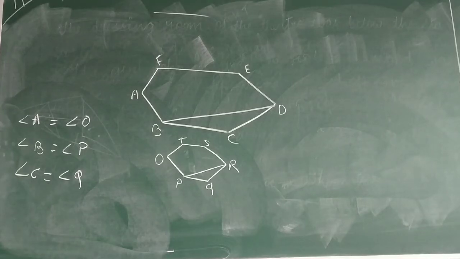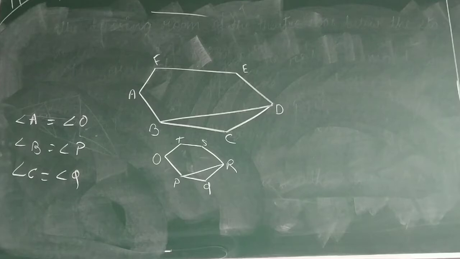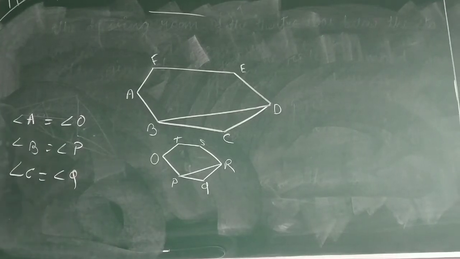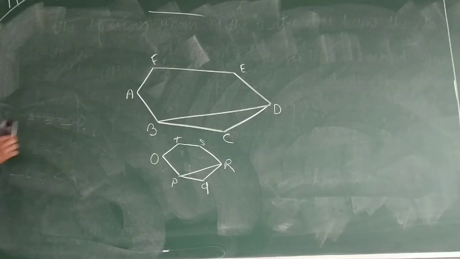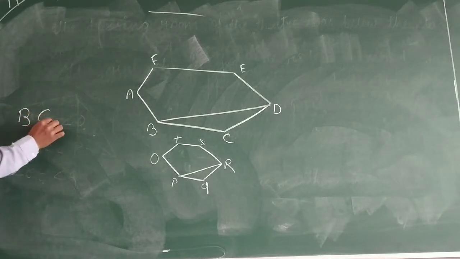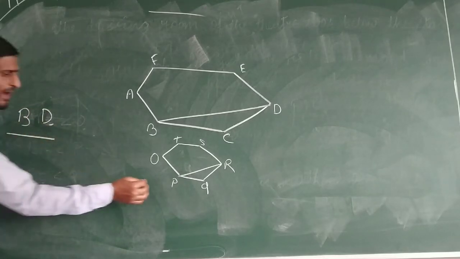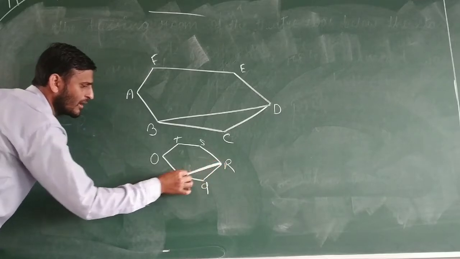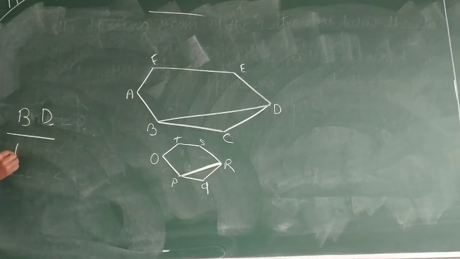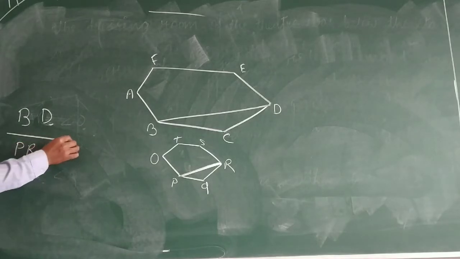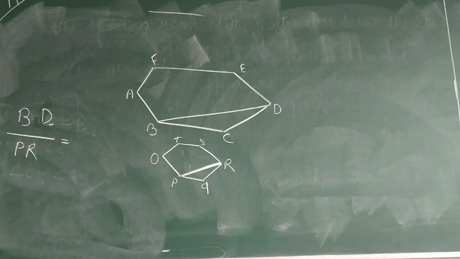If these two hexagons are equiangular and we measure the sides, we will find that the ratio of the diagonal BD of this hexagon to the diagonal PR of the other will be equal to the ratio of any other corresponding parts of the two hexagons.